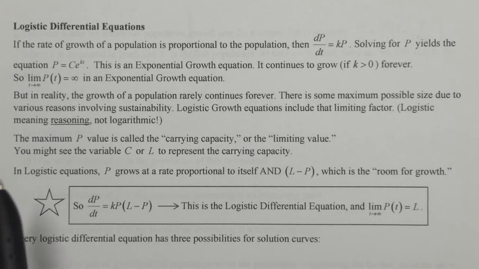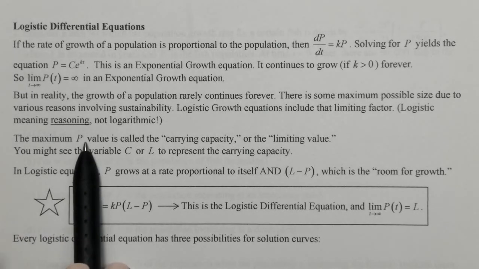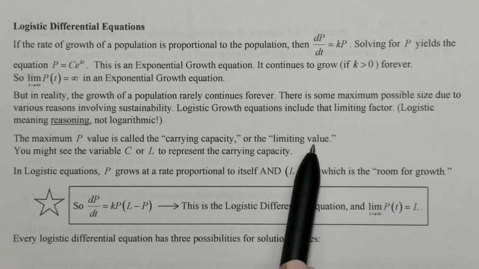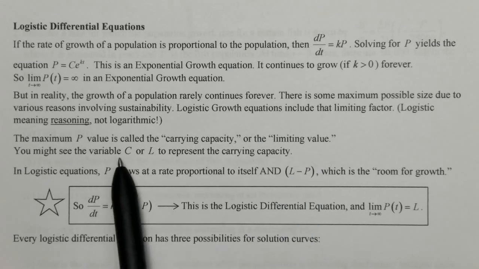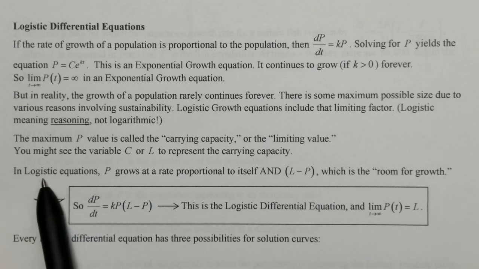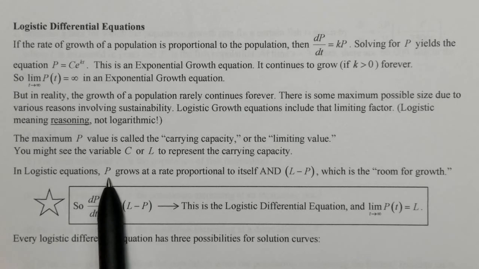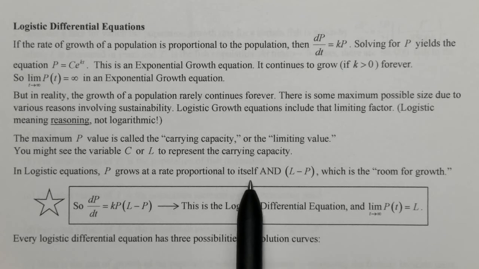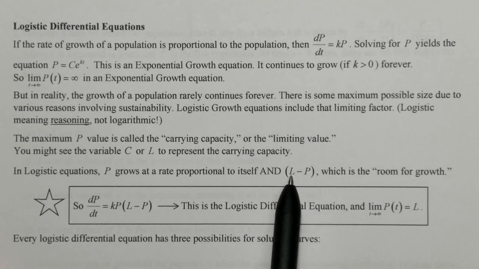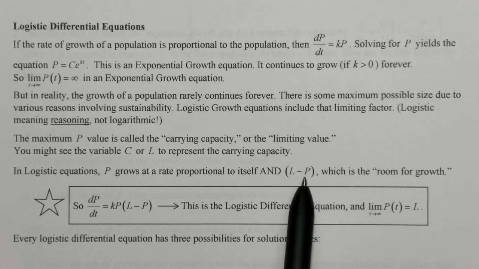Okay, the maximum P value in a logistic differential equation is called the carrying capacity, or the limiting value. You might see the variable C or L representing that carrying capacity. In every logistic equation, P grows at a rate proportional to itself and that carrying capacity minus the population.